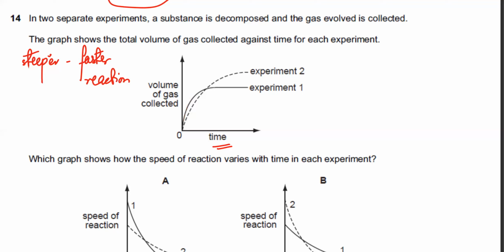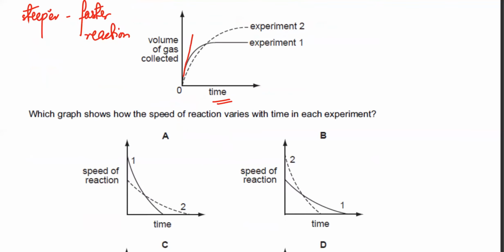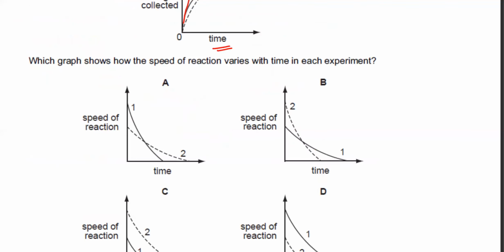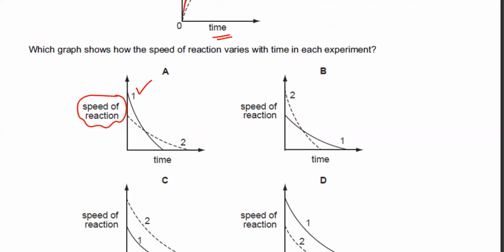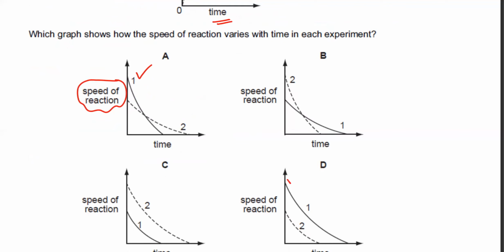Experiment 1. In experiment 1, the volume of H2 gas is produced at a much faster pace. Look at the curve. If you plot the speed of reaction, 1 would be faster. Here too, 1 is faster. For these two graphs, it's either A or D.